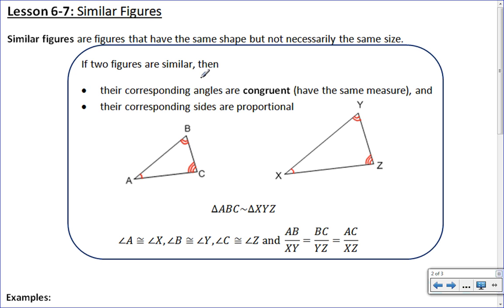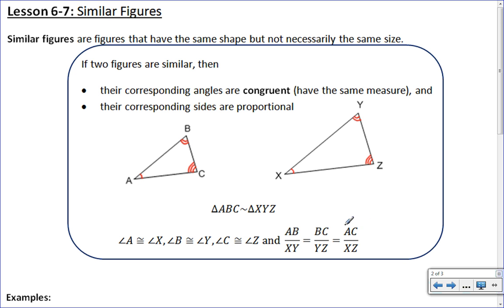It's also true that if the figures are similar, their corresponding sides are proportional. So AB over XY is equal to BC over YZ, and that's also equal to AC over XZ.